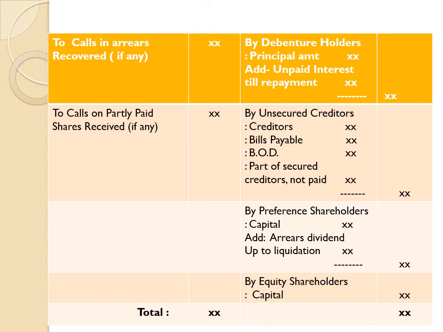On the other hand, we are considering payment to debenture holders till the repayment date with unpaid interest. Lastly, if any amount remains, that will be paid to equity shareholders, then the total of both sides.